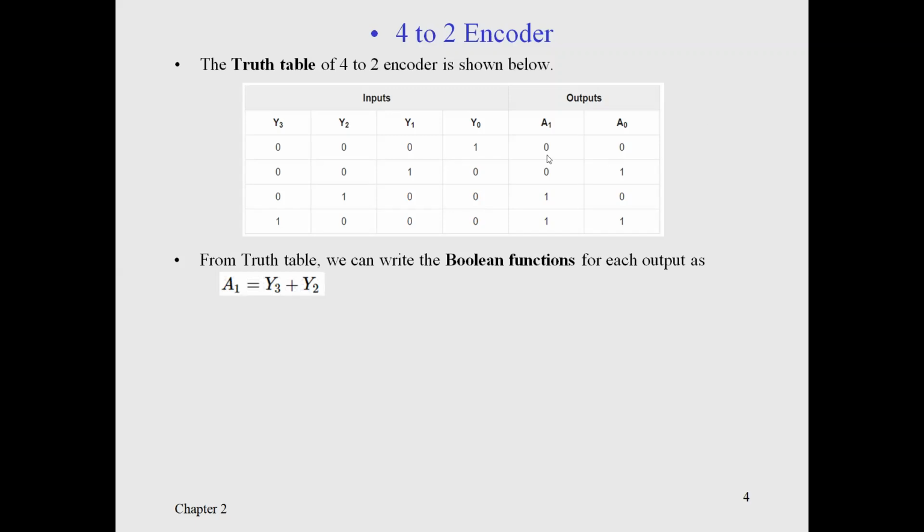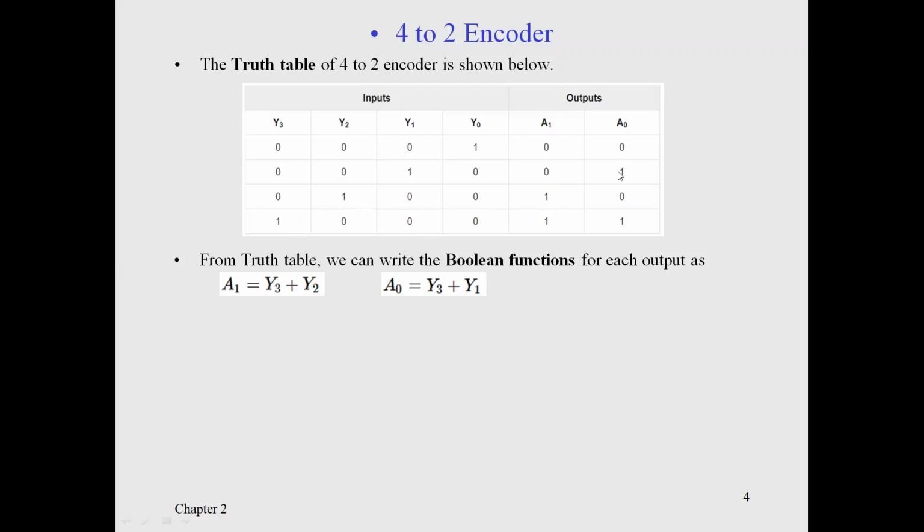So A1 is equal to Y3 plus Y2. And A0 is equal to Y3 plus Y1, and it is very evident. A1 is high for these two.